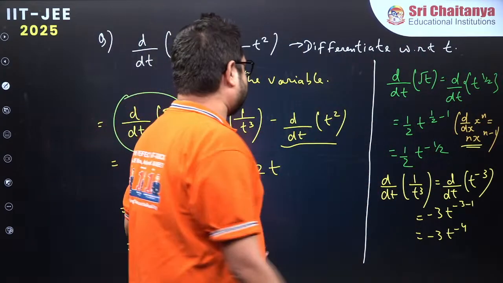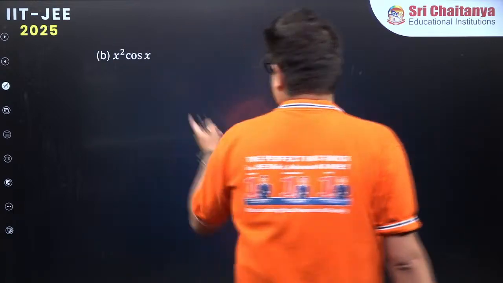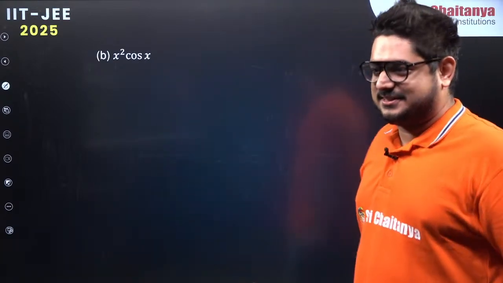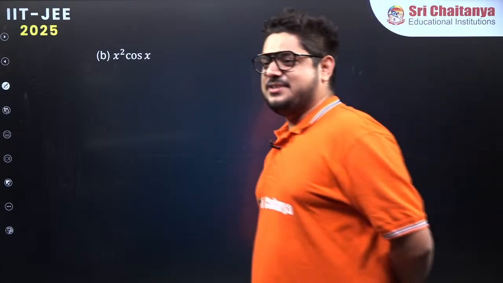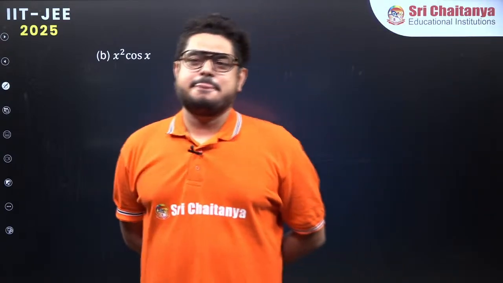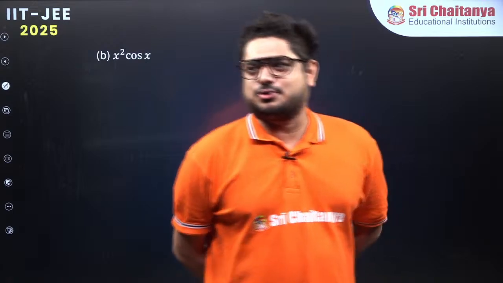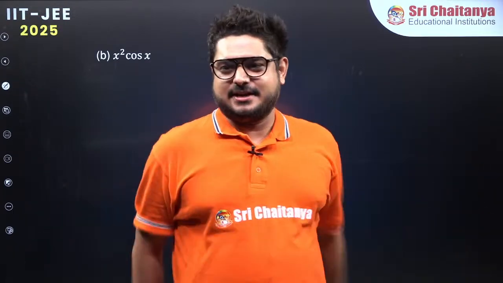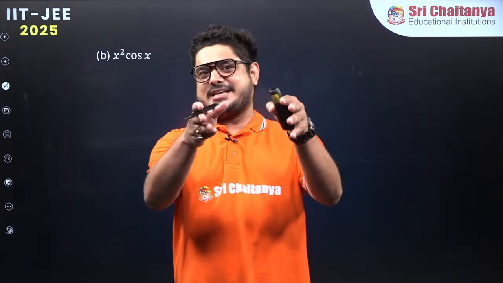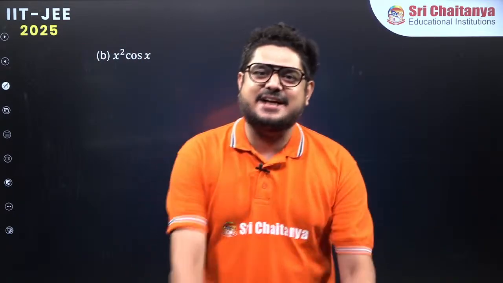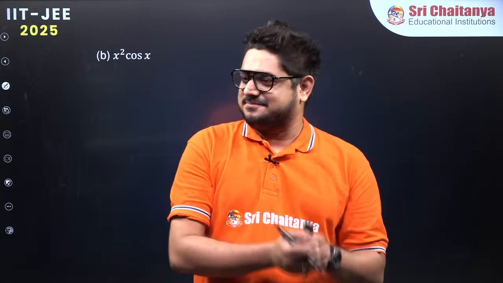So the next question is x square cos x. Let's see who amongst you will be able to solve this question perfectly. Are you able to see the question x square cos x? It is the same type of question as x sin x, which we did in the previous class, if you can recall.